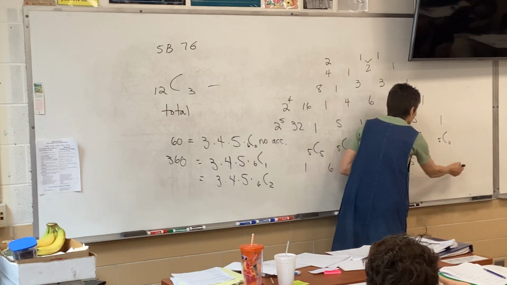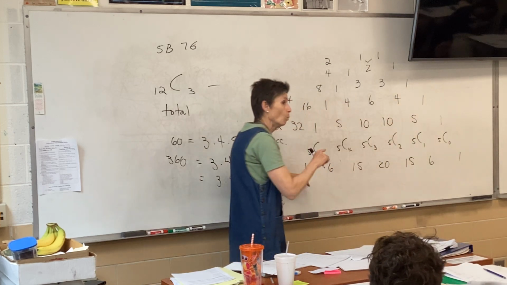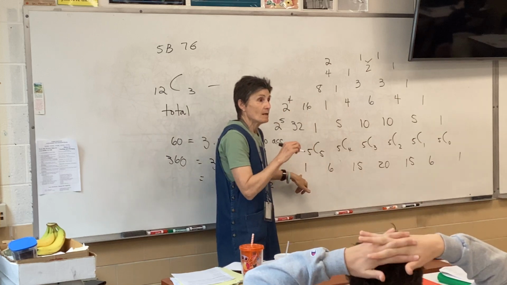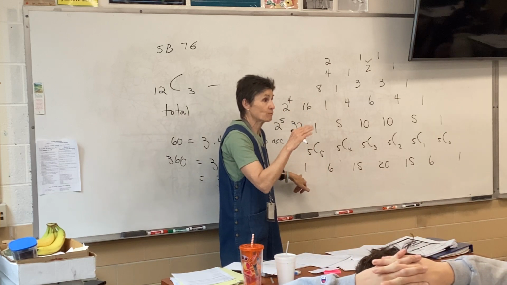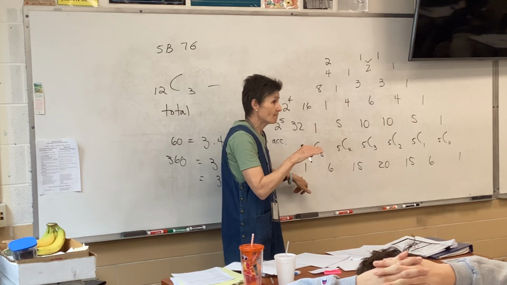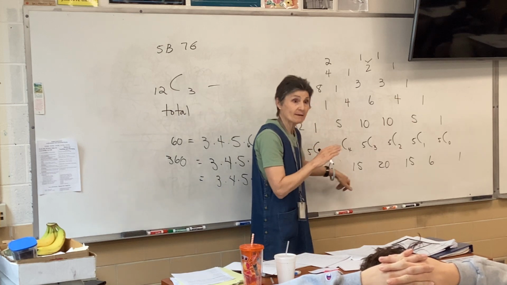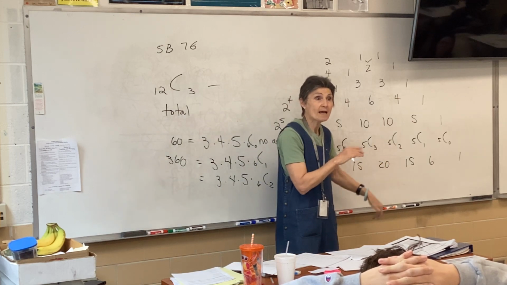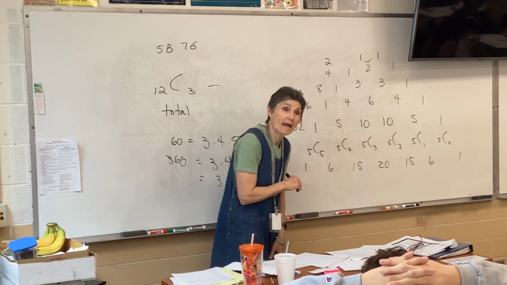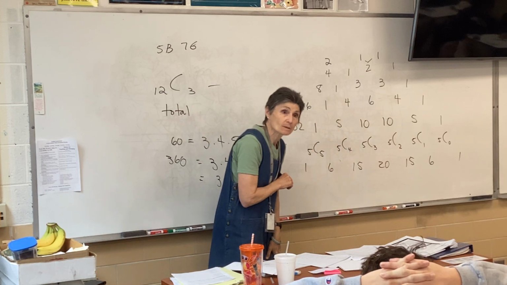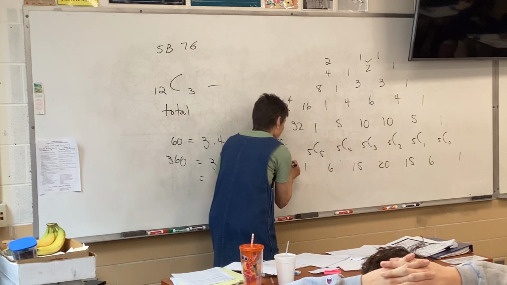This row of numbers right here would represent the combination numbers for 6: 6C6, 6C5, 6C4, 6C3, and those numbers would add up to 64.